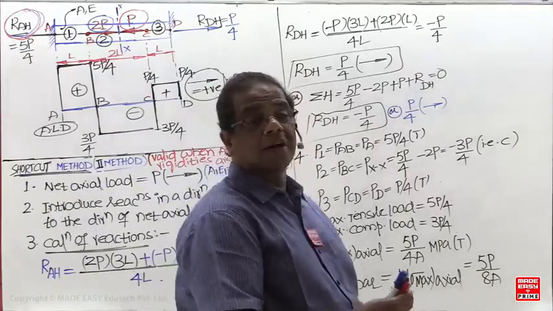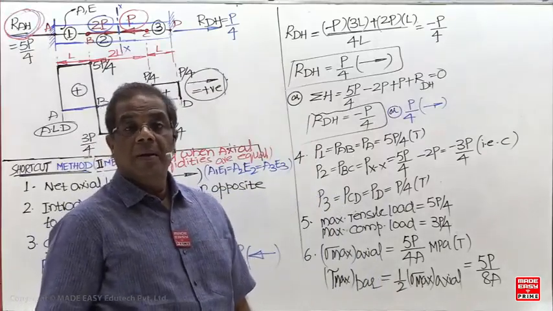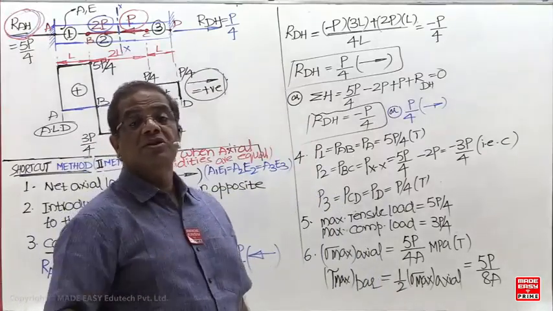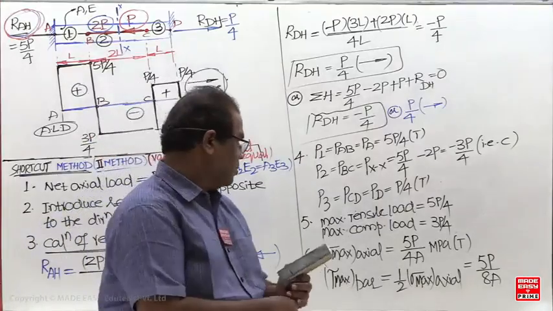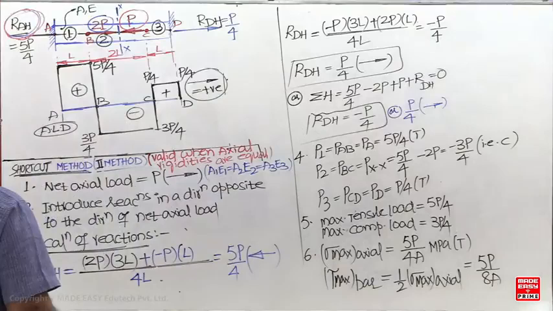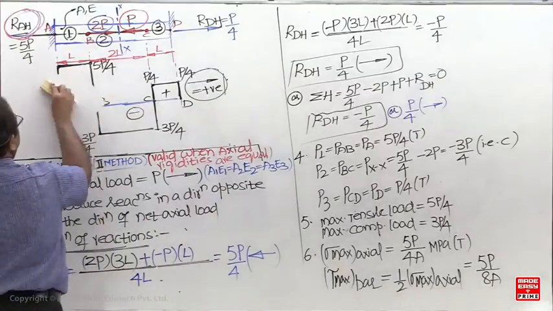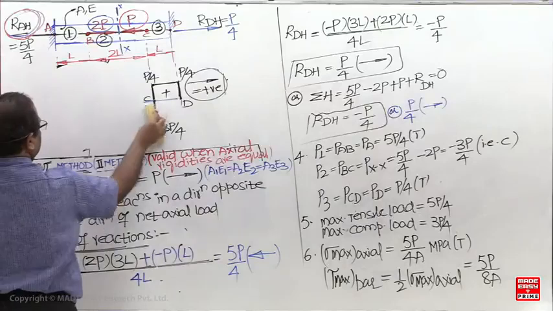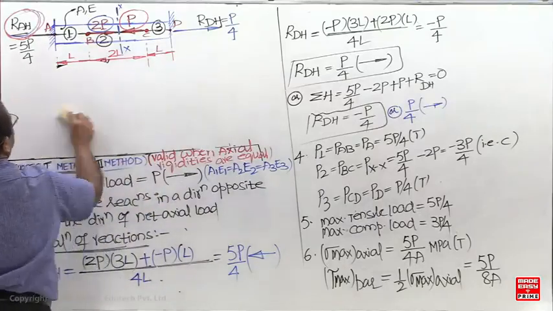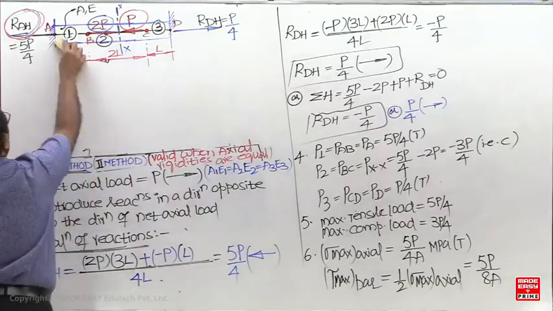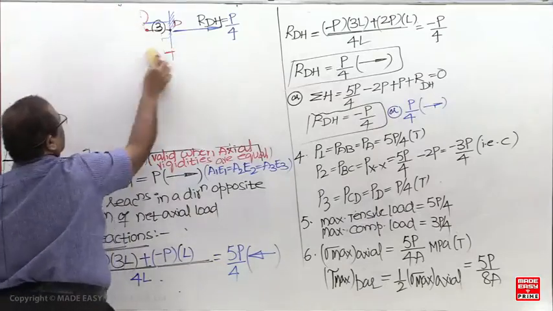Always I mention shortcut methods are the best method, but first of all you have to check whether the condition is satisfied or not. Wherever required, cut down the time.